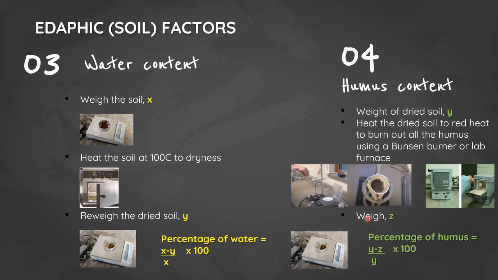We then will reweigh the soil and we call this Z. And similar to water, we want to find the percentage of humus that was burnt out. So we're going to find the difference of Y and Z, and we put this all over our original weight Y. And we multiply this by 100 to find the percentage of humus.